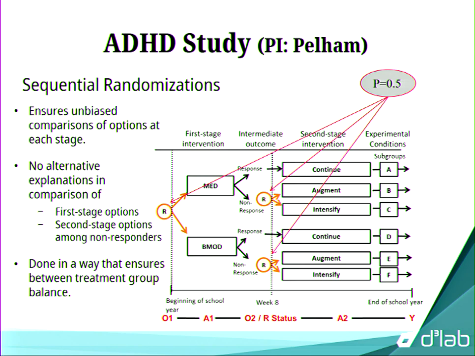Half of our sample received medication initially, and half received BMOD. For the second stage intervention options, we are comparing half of our non-responders, the half that received augment, and the half that received intensify. That's what we mean by balance, right? And this balance is preserved, Shauna showed you yesterday, even when you're comparing embedded adaptive interventions, right? Okay. Does that make sense so far?